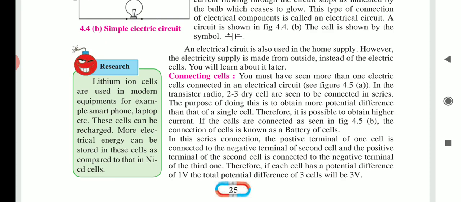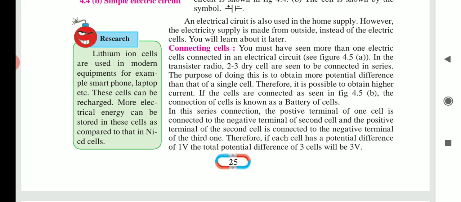Now let us see some research. Lithium ion cells are used in modern equipment, for example smartphones and laptops. These cells can be recharged. More electrical energy can be stored in these cells as compared to the nickel cadmium cell.